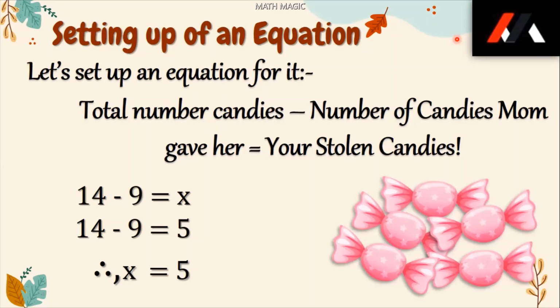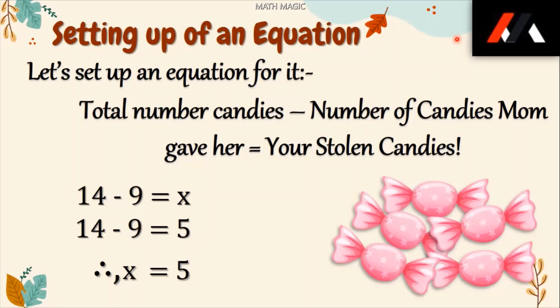Total candies Pinky has is 14. Number of candies mom gave her is 9. So 14 minus 9 is equal to X. X is something you don't know, so you have represented the number of stolen candies as X.